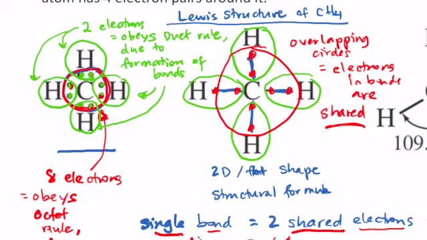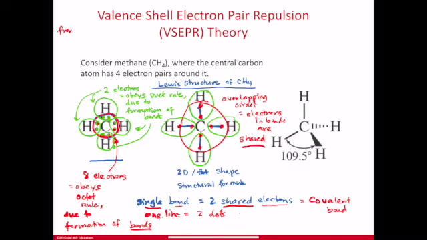So from the Lewis structure, we can move on to what's called the valence shell electron pair repulsion theory shape. So from the Lewis structure that's 2-dimensional, we can move on and determine the 3-dimensional structure, or the 3-dimensional shape. In 3 dimensions, that's what we're used to, is that 3rd dimension.